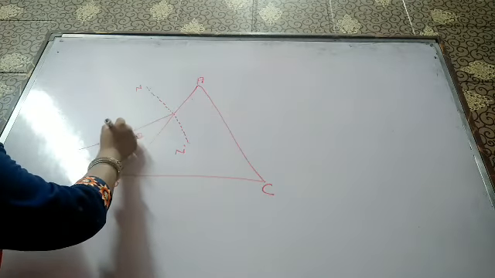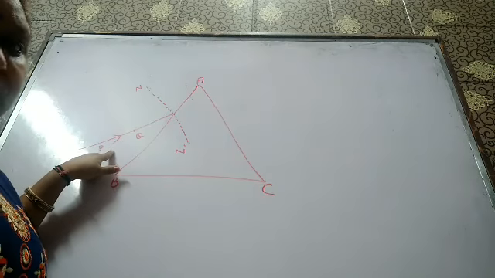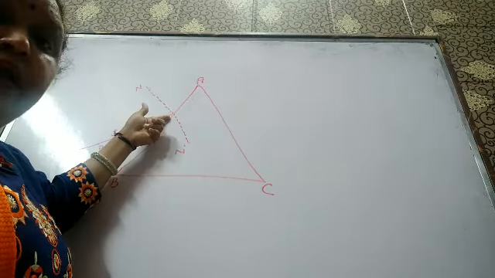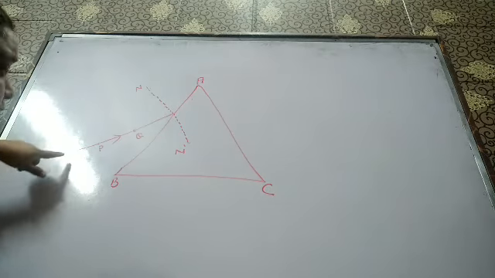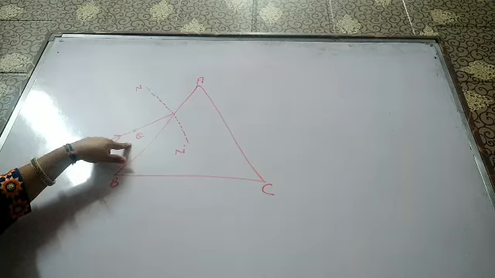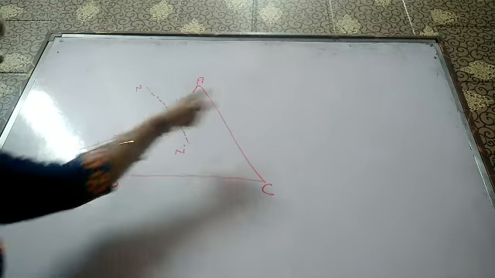When we make this incident ray, you have to put an arrow to show the direction. So this ray is called the incident ray, and on the incident ray we have kept two pins, and the images of these two pins we have to observe here.